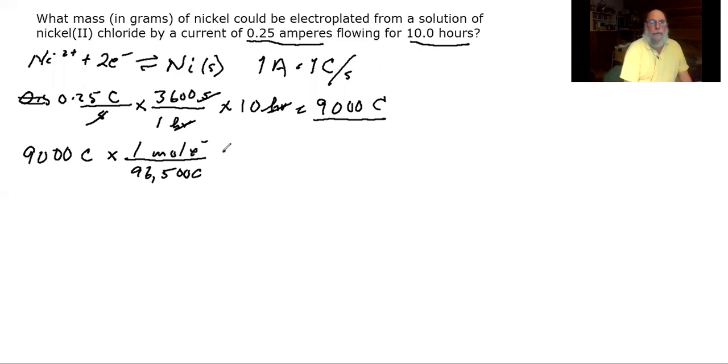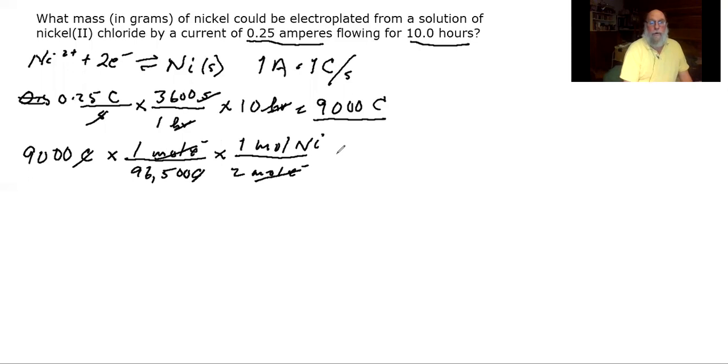It's a 2-electron change, so for every 2 moles of electrons, we get 1 mole of nickel. Let's check our units here. We can get rid of our coulombs. We can get rid of our moles of electrons. We now have moles of nickel.